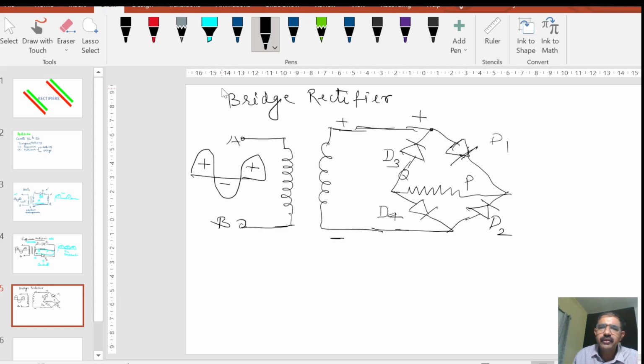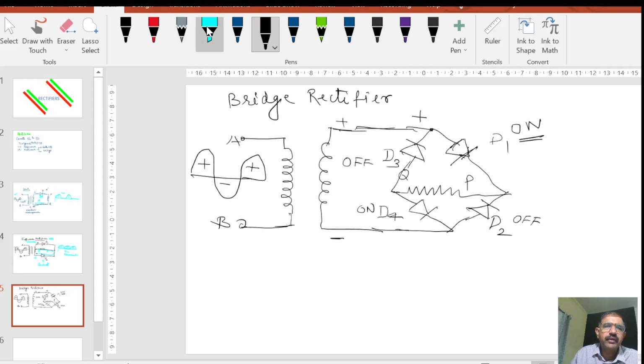If this is positive, then D1 is forward biased, or we can say D1 will conduct, it will be on, and D3 will be off. Why is it off? This end is positive, so it is off. Similarly, D2 is also off, it will remain off, and D4 will remain on.